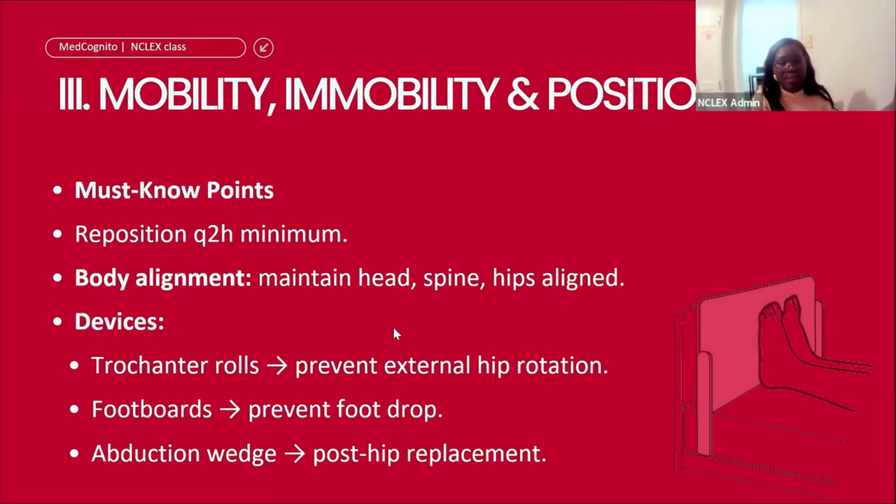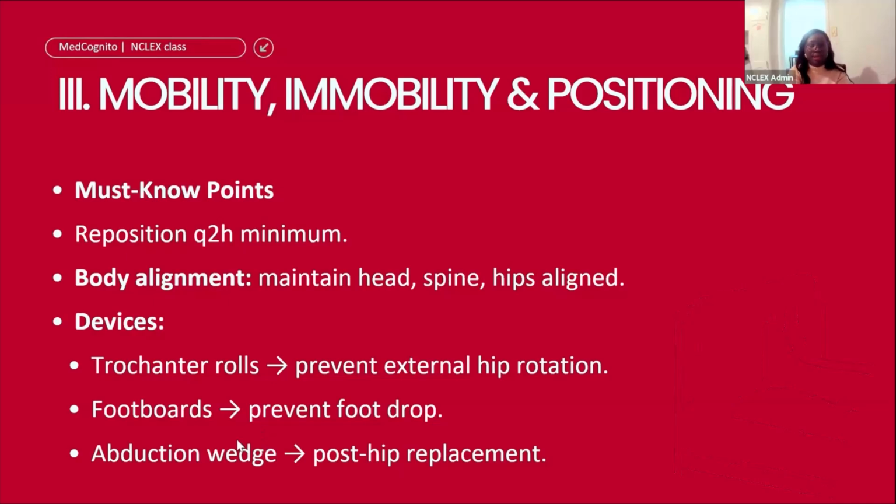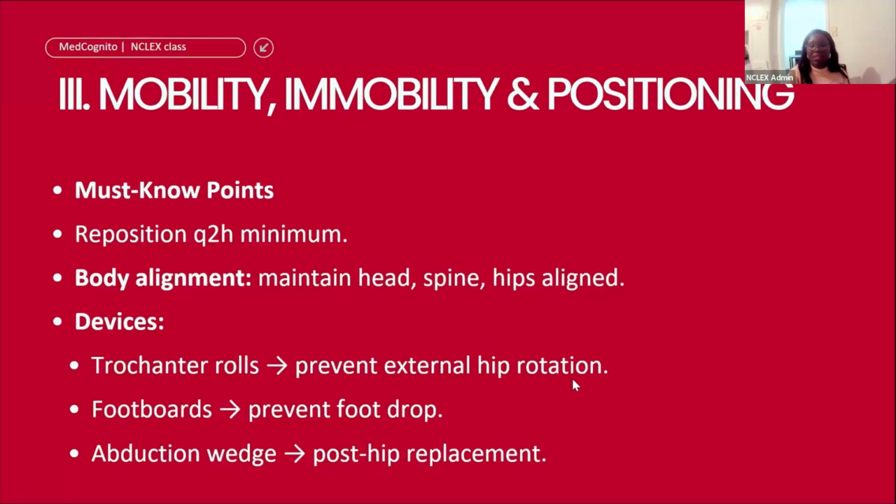We have footboards. If you are anticipating foot drop, we use that to prevent foot drop, okay? And then abduction wedge, post hip replacement. So these are all important devices under basic care.